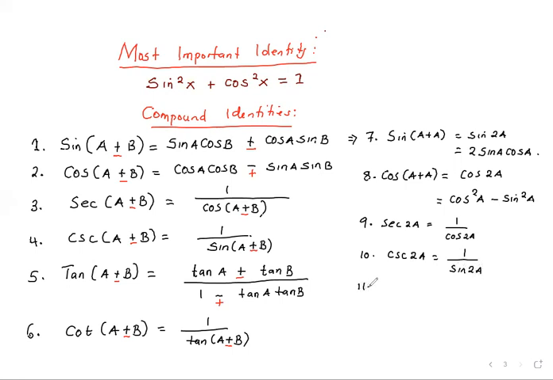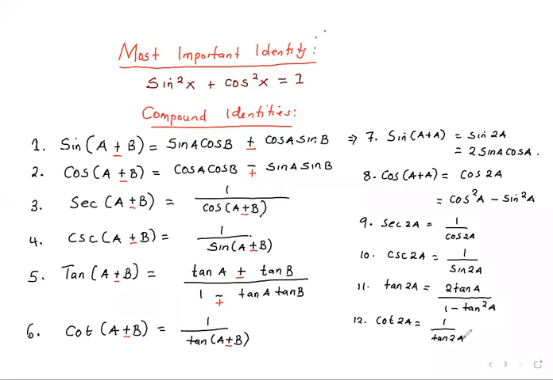You talk of tan 2A, it would be 2 tan A over 1 minus tan squared A. So that if it is cot 2A, then you just get 1 over tan 2A.